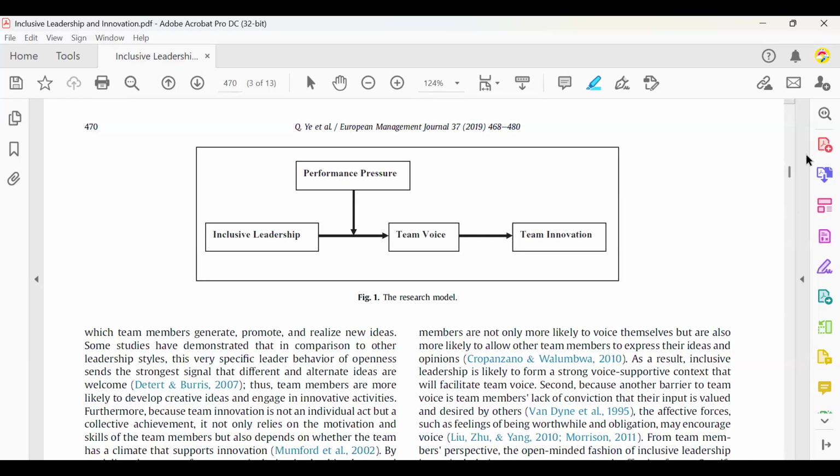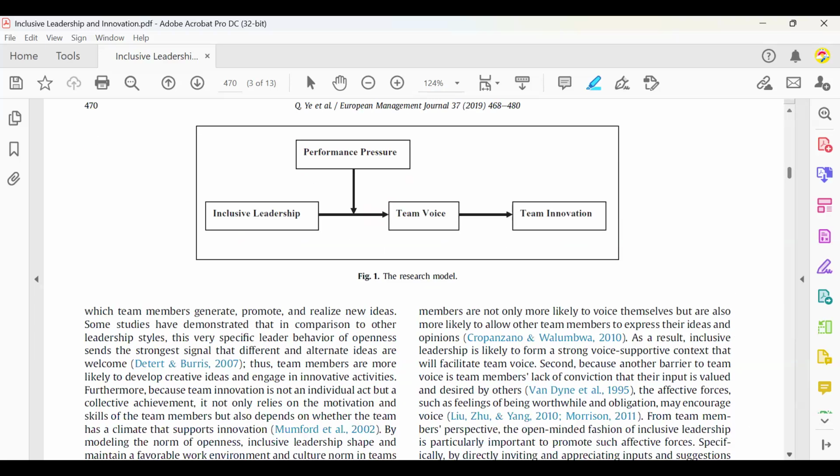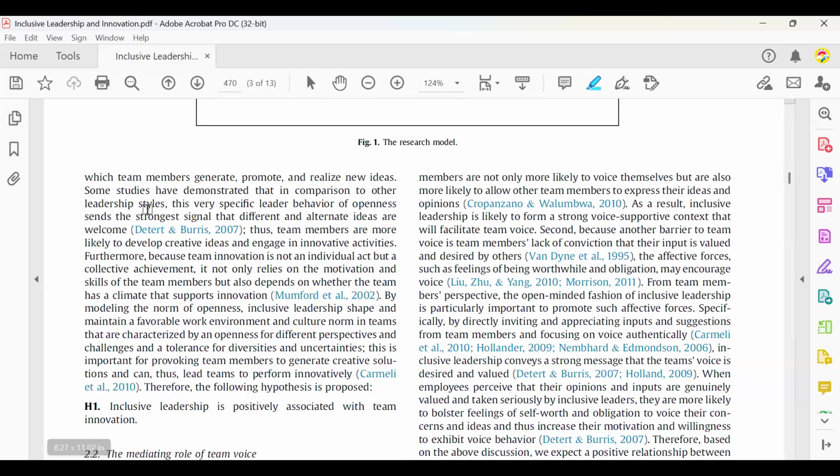Good. So as you go down, you see that they have used the literature on the relationship between inclusive leadership and team innovation to make a suggestion that because theory suggests all of this, they propose the hypothesis that inclusive leadership is positively associated with team innovation.